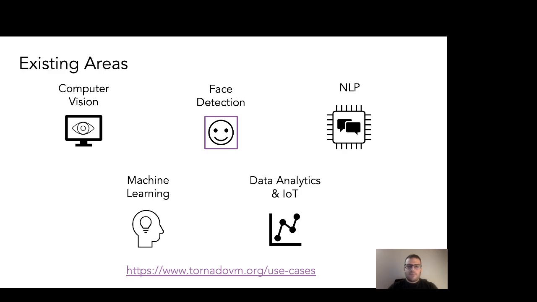We have seen TornadoVM accelerating the training of a machine learning model by utilizing GPUs. And the last part regards the analytics of data that have come from IoT sensors. More details about these areas exist on the TornadoVM website.